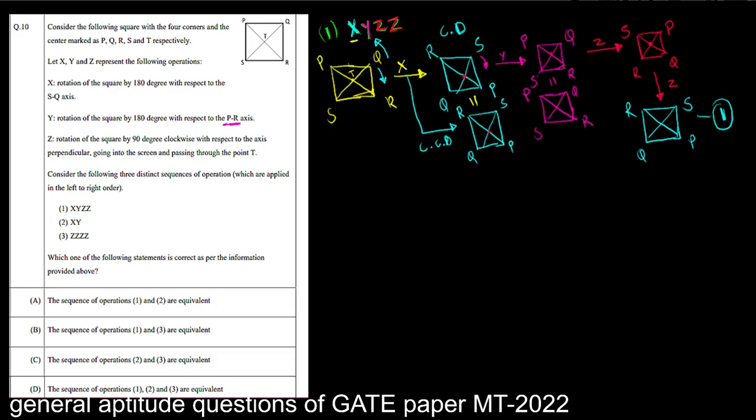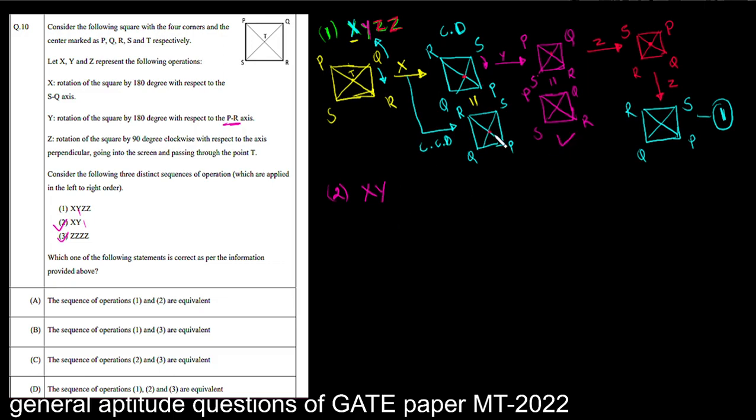Now we have to do the same thing with the remaining two sequences, number 2 and number 3. Let's move to sequence number 2, and sequence 2 says we have to apply first X and then Y. But look at sequence 1. This portion is common, because we applied this XY in the first sequence first, and we ended up with this figure.